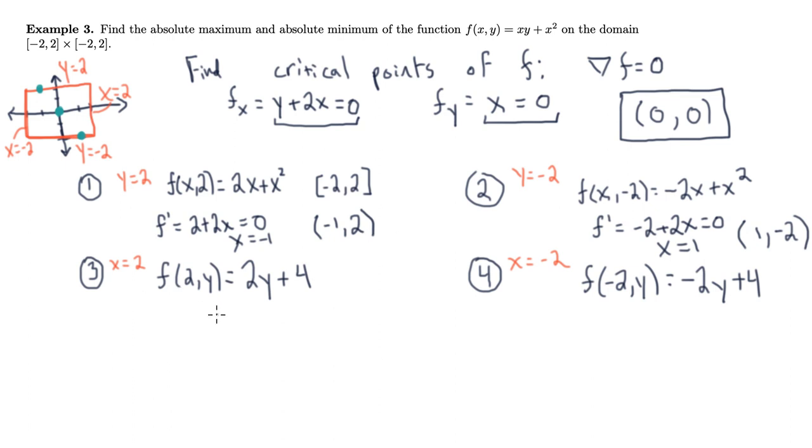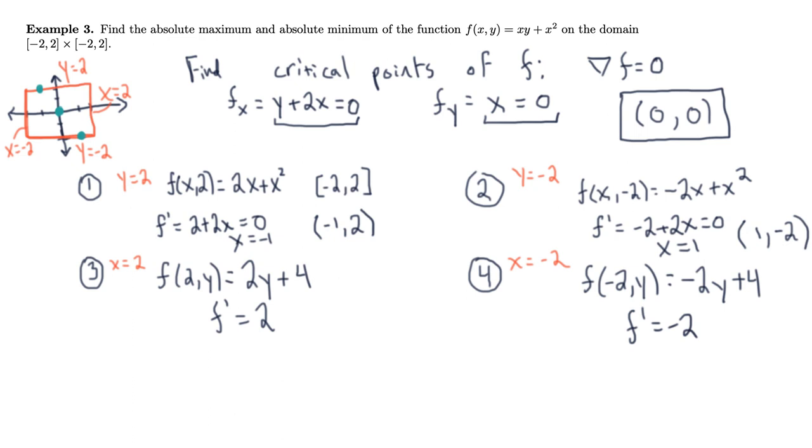Okay, and so notice for these two functions, when x is 2 and x is -2, we're not going to have any critical points because the derivative is never 0. Here it's just 2, here it's -2.